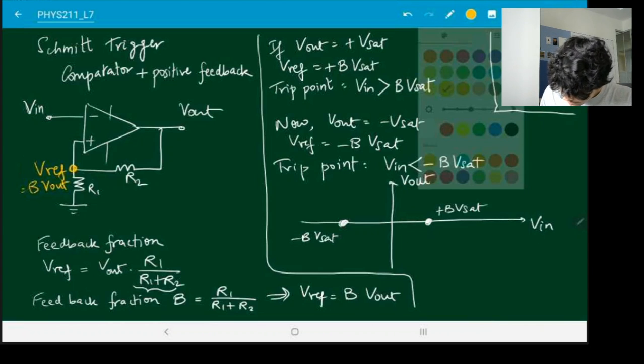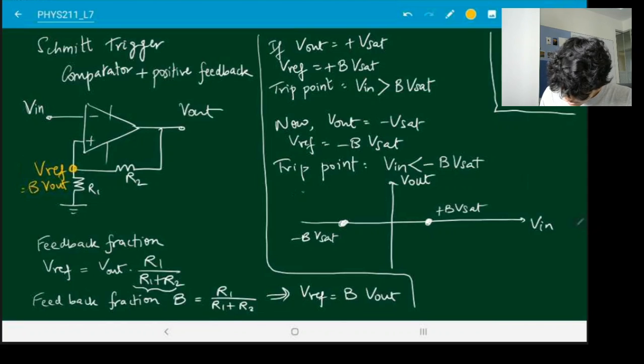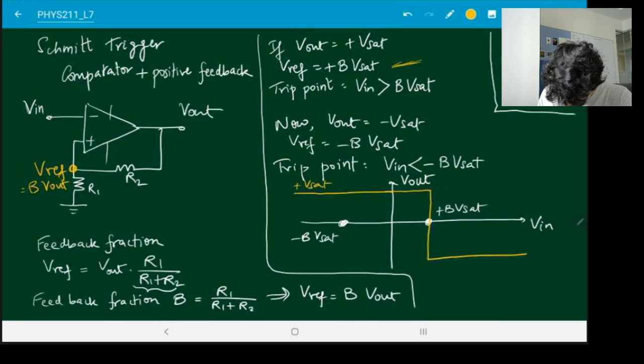So initially when Vin is negative, your output is at plus Vsat. And tripping point at this stage is plus B Vsat. So it's not going to trip until it comes here, and then it will trip.